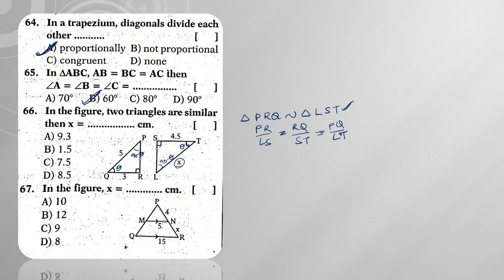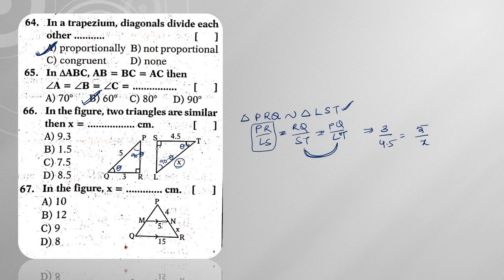PR and SL we don't know, so no need of using this. So we can compare these two ratios. Now RQ is 3, by ST is 4.5, is equal to PQ, which is 5, by LT is x.